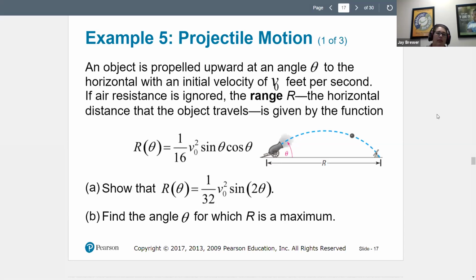Take a look at what they are giving you as r of theta. Notice what they're showing you in that. You have a sine theta, cosine theta. So basically, if you do one small thing, you should be able to get to the goal that they want you at.